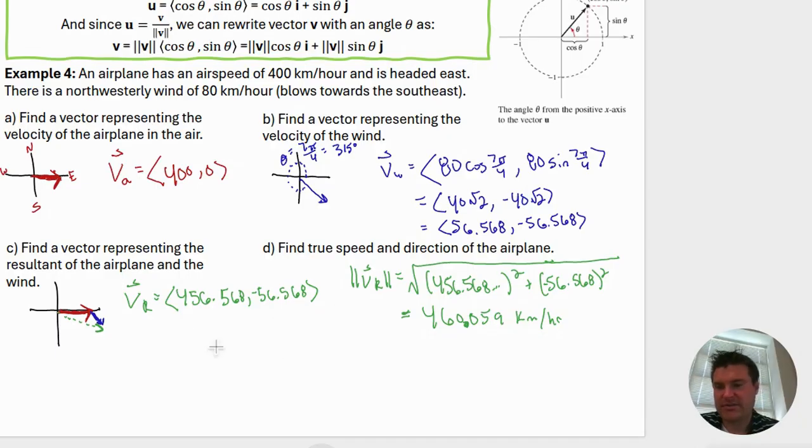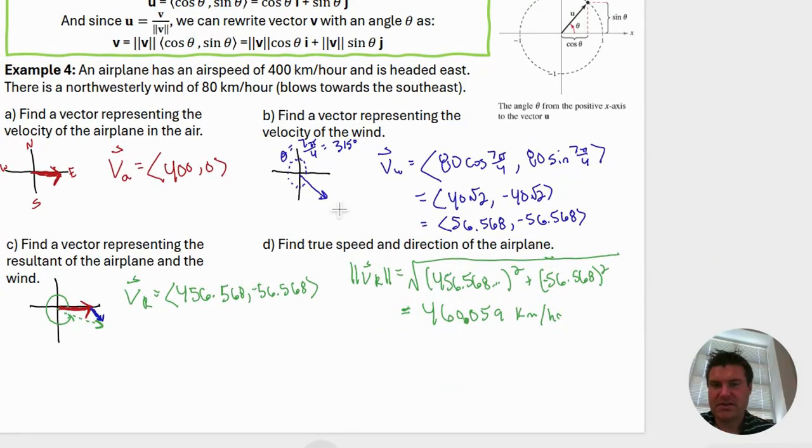Direction of the airplane. So I want to find the direction of this dotted line right here. So really, I want to find that theta value, and then I will take that theta value and I'll relate it to the southwest stuff. That way you can see what that looks like.